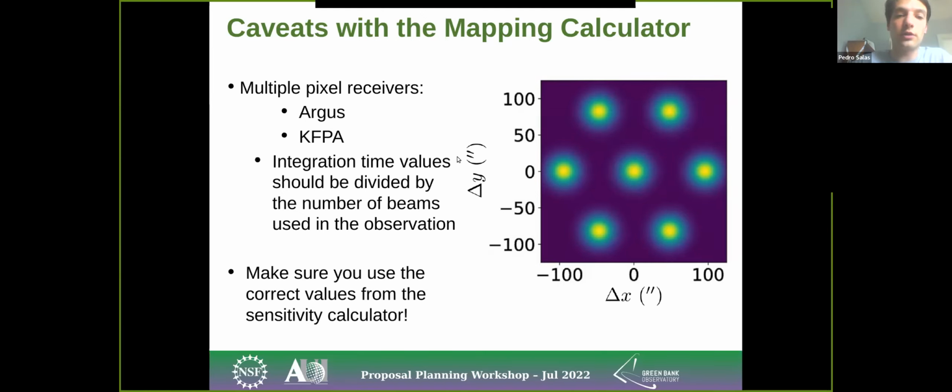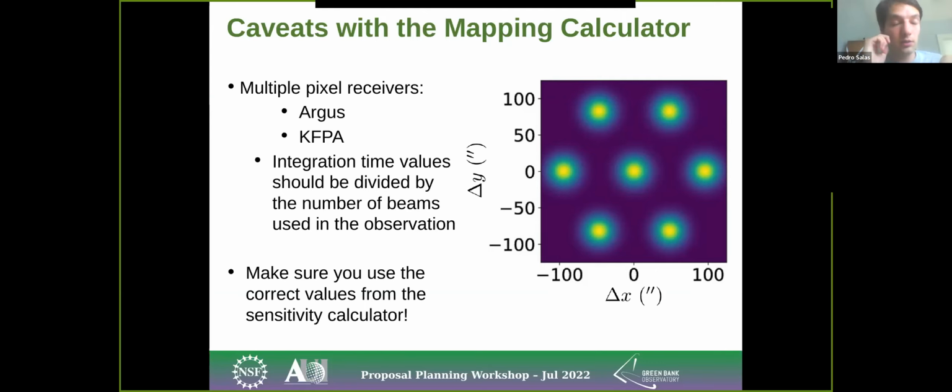And of course, depending on the type of experiment you're doing and the calibration method you choose to use, be it position switching or frequency switching, make sure you use the correct time as input to the mapping calculator. This applies very much for position switching mainly. If you're making a map using position switching, the sensitivity calculator will give you a total time which considers the on plus off time for a single position.